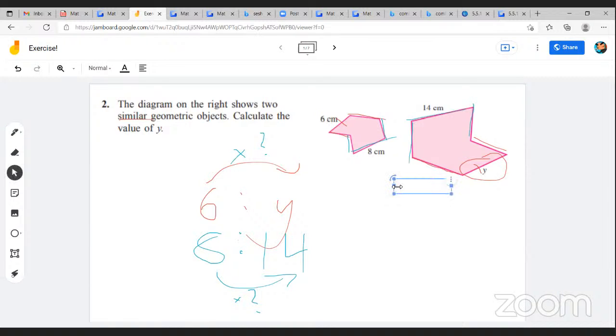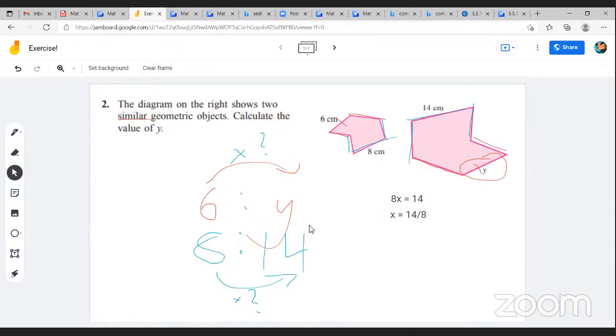To begin, we shall look into it as follows. This means that 8 times x, for example. Let's take the multiplier as x for now. 8x is equal to 14. So to find x, we just need to move 8 to the right side, and we get 14 divided by 8.